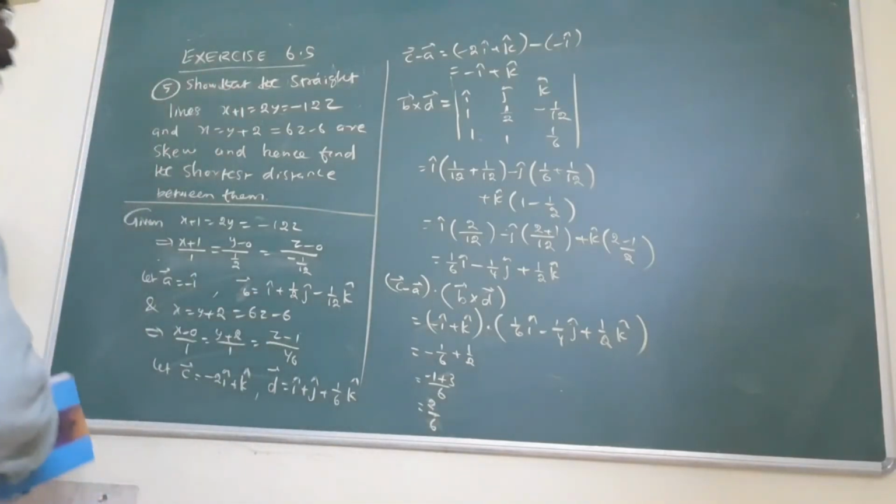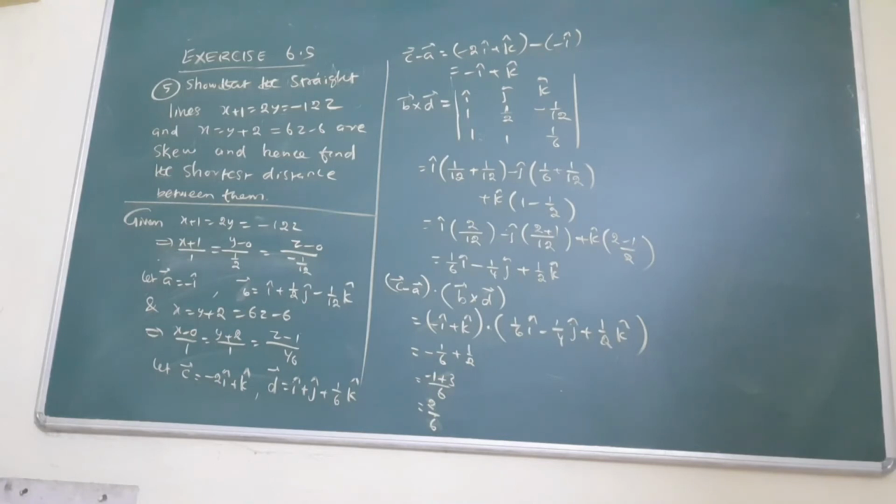Am I right? This is not equal to 0. Am I correct? This is not equal to 0. That's why. Not equal to 0, what is the meaning?